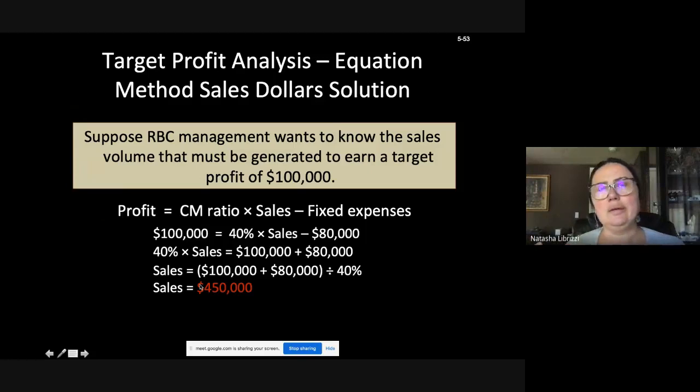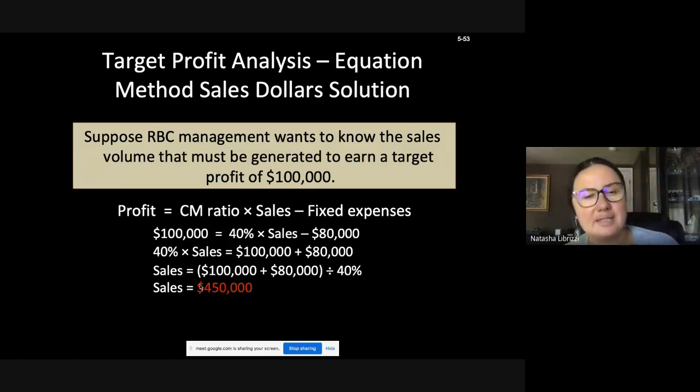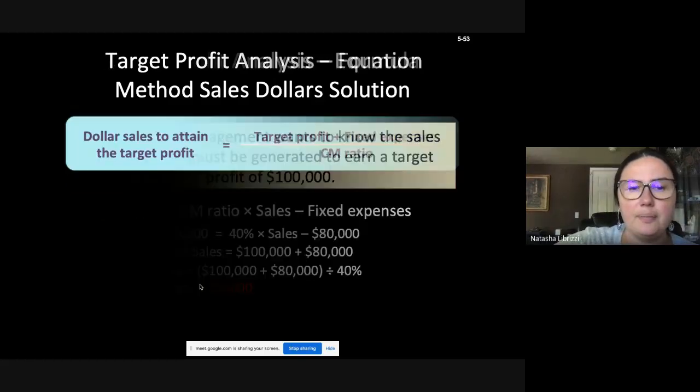Now you say, well, could I have done it differently? Could I have taken 900 times $500 per bike? I already knew the answer. Yes, you could. But this way you can just go directly. And there's some problems you'll just have a percentage available to you. So then you can use the equation method to get where you need to be.